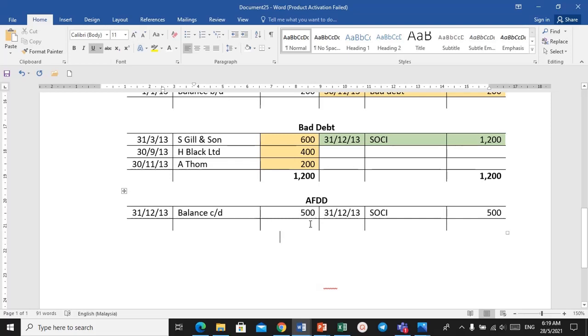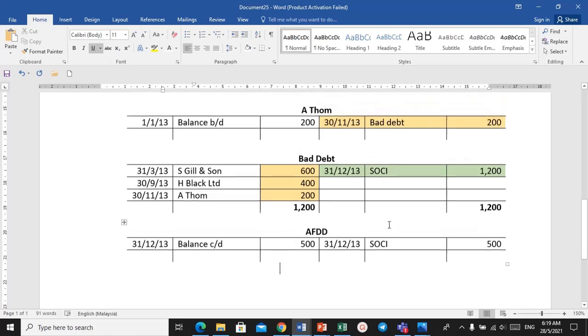It means that you can bring the balance from year 2013 to 2014. So this is the main difference: bad debt account cannot have an ending balance, but allowance for doubtful debt account can have an ending balance.